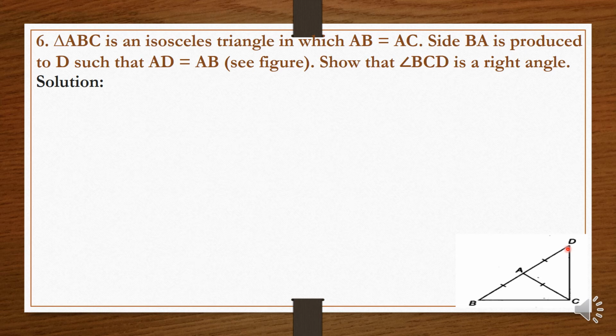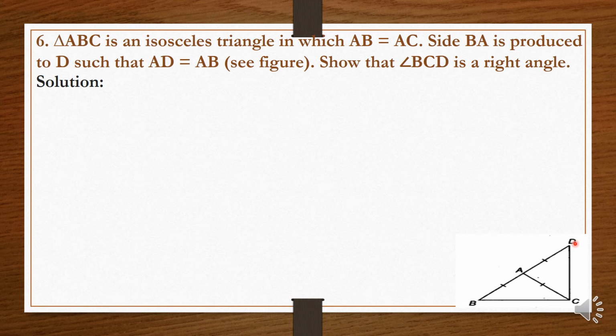We will stop at a point where the length of AB is equal to the length of this extended portion. So we'll mark that as D. And if we join, we'll get CD. So now this figure has the properties that AB is equal to AC and AB is equal to AD.